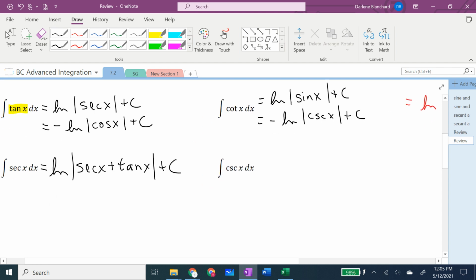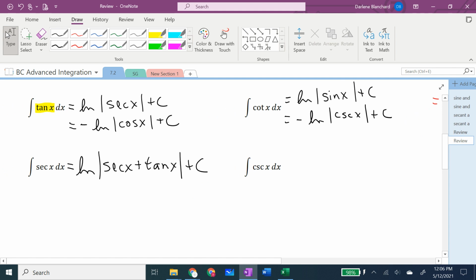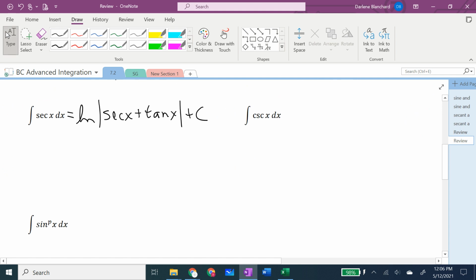And now for the last one. How did we go about changing the integral of secant in order to get to where we are here? How did we manage secant?